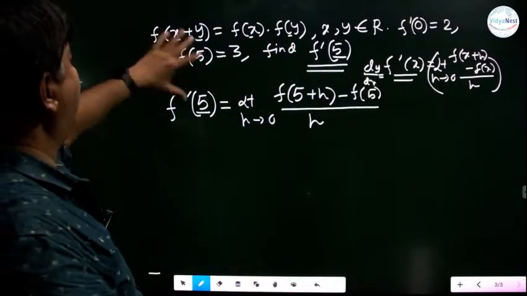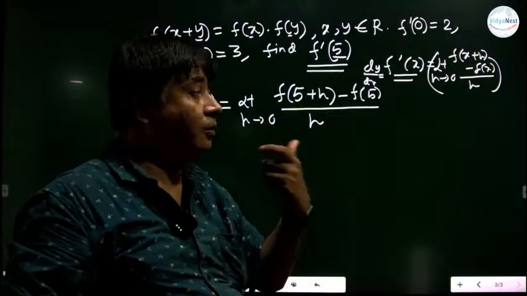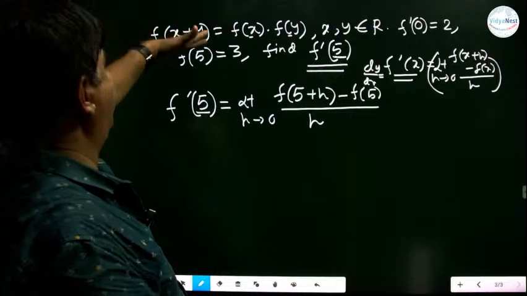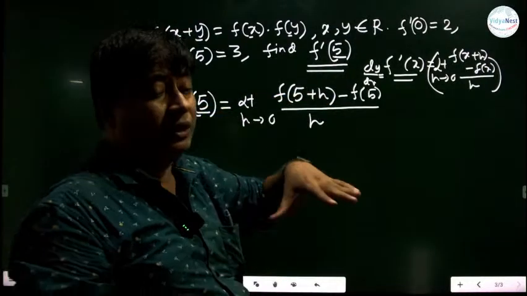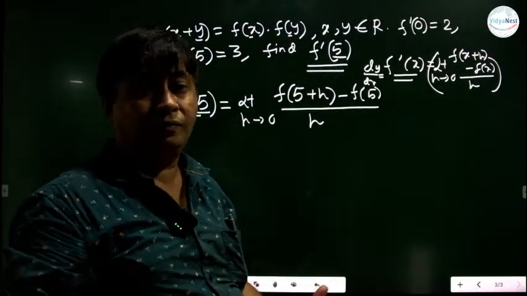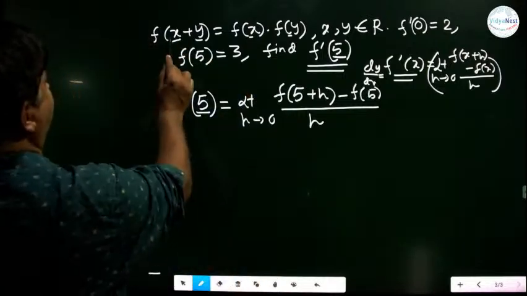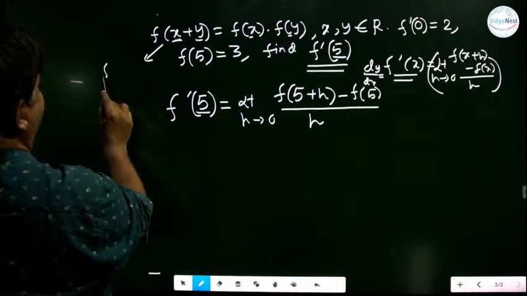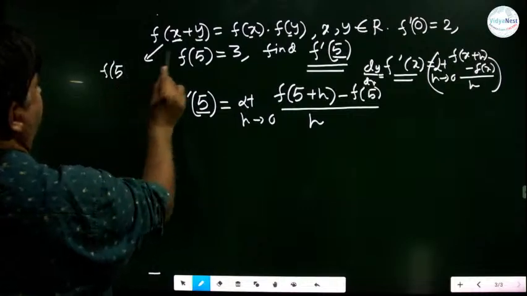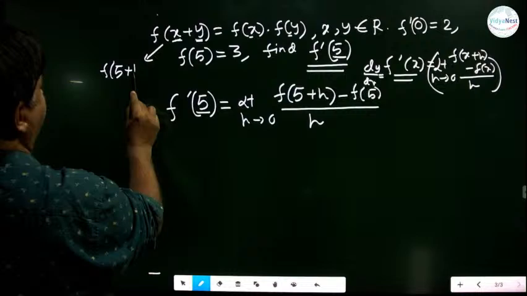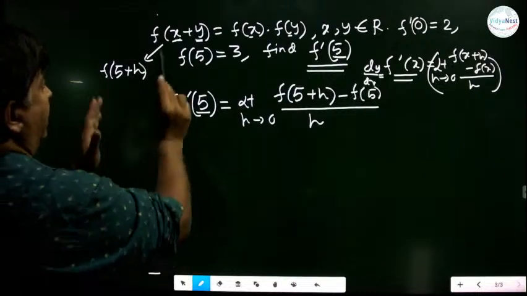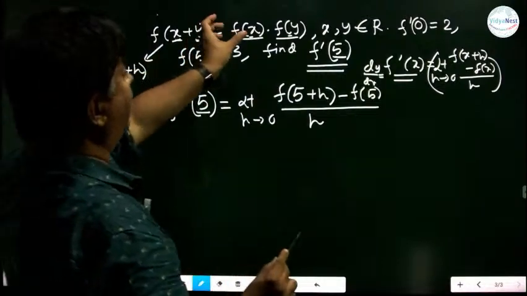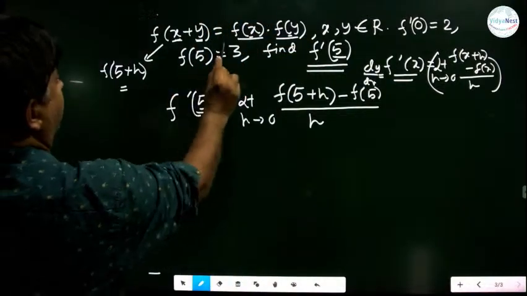X and y are what? Only alphabets? No. They are variables. What is a variable? It means in lieu of x and y, I can put any value. So, here in place of x, if I put 5 and in place of y, if I put h, then that thing will be expanded by this.